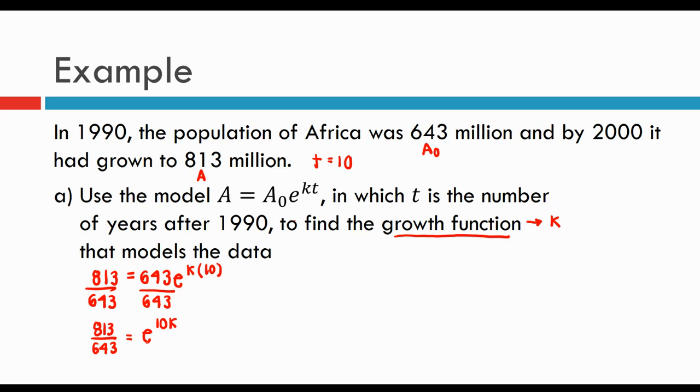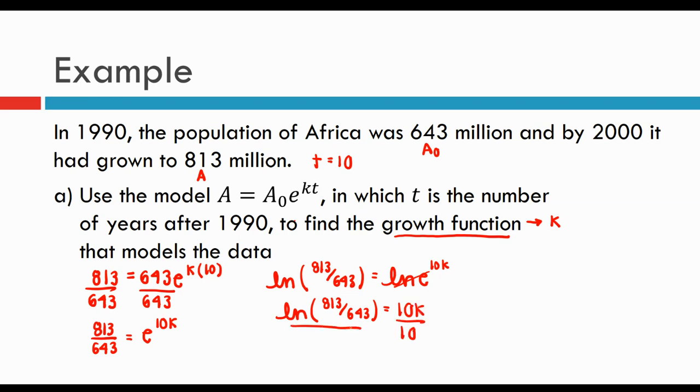Just like all our other problems, now I just got to get rid of that base of e. So I'm going to take the natural log of both sides. That then cancels that out. And so to get k by itself, I know that since 10 is attached to it through multiplication, I'm going to divide both sides by 10.